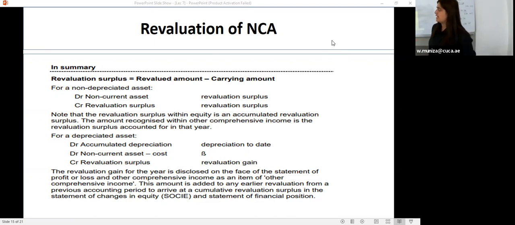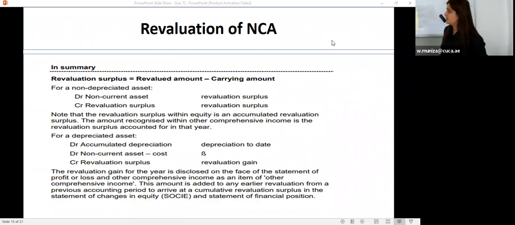For a non-depreciated asset, debit non-current asset account, credit revaluation surplus account. Note that the revaluation surplus within equity is an accumulated revaluation surplus, same like accumulated depreciation. Whatever we are writing in SOFP are accumulated balances. The amount recognized within other comprehensive income is the revaluation surplus accounted for in that year.